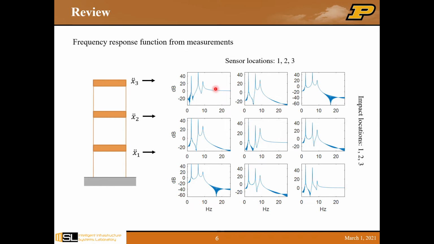And the number of columns shows the number of sensors. And the number of rows represents the number of impact locations. Okay. So for example, the top left figure shows that if we use the hammer to hit the structure on the first floor, then if we directly use the first floor acceleration response measurement, we can obtain this FRF plot here.